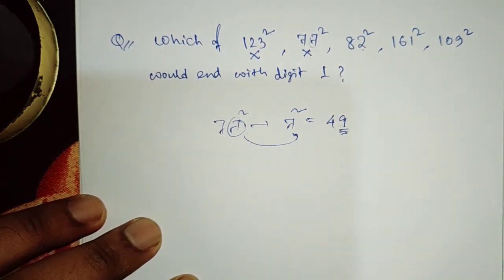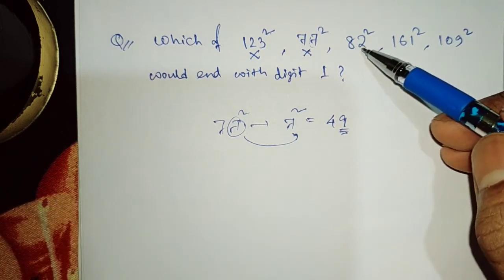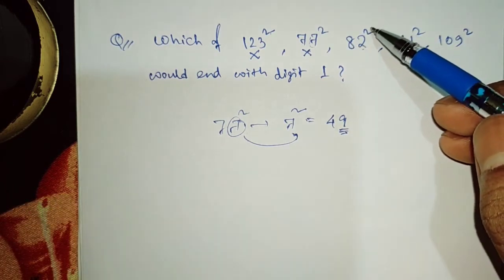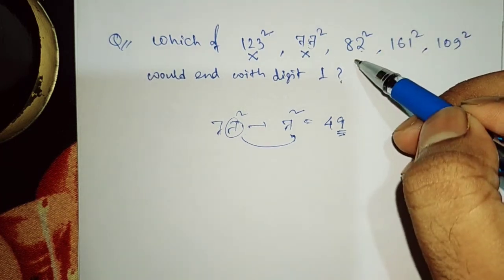So 77 square will not have 1 at the end. Similarly, 82 square, you just take 2 square. 2 square is 4, it is not 1.